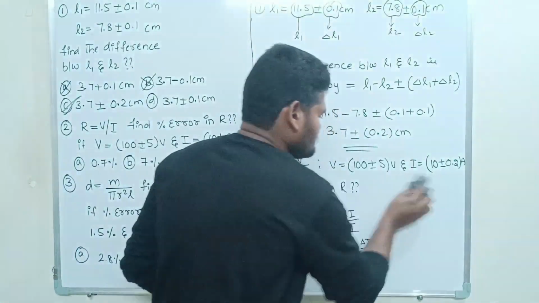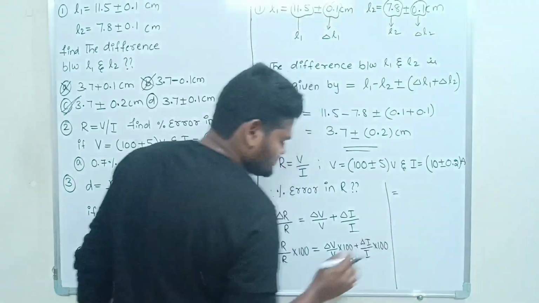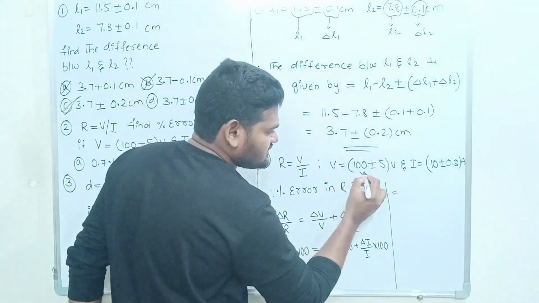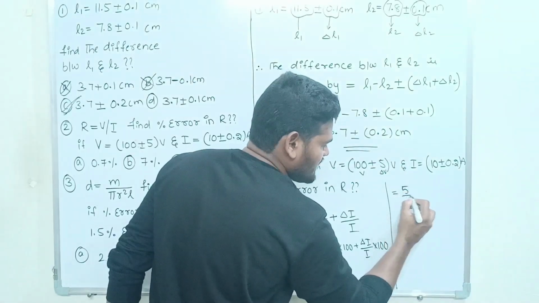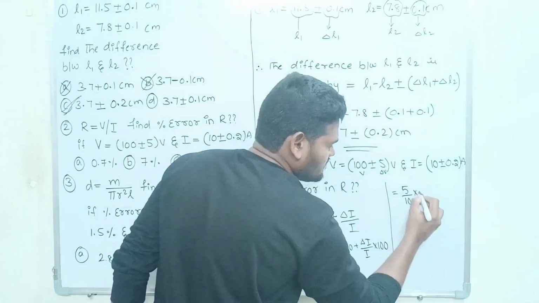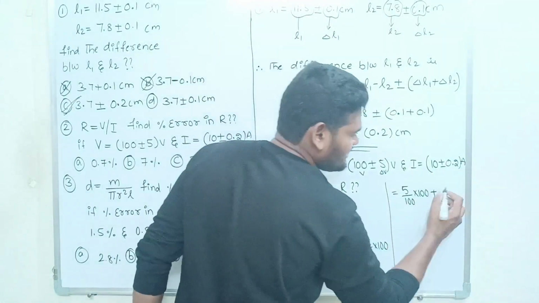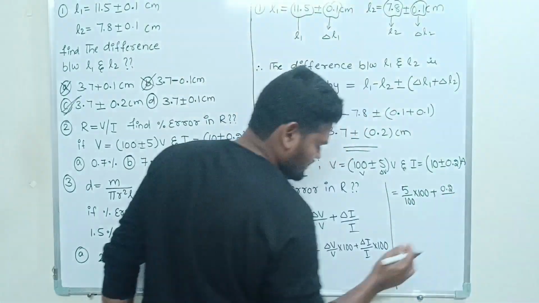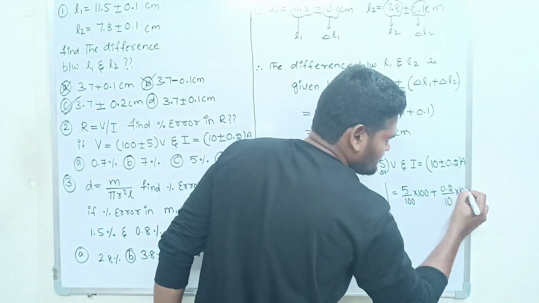So what are the values of v and I? Have a look. This is v and this is delta v. So delta v by v into 100 plus delta I by I into 100. What is delta I? 0.2 divided by I, and the value of I is 10, into 100.